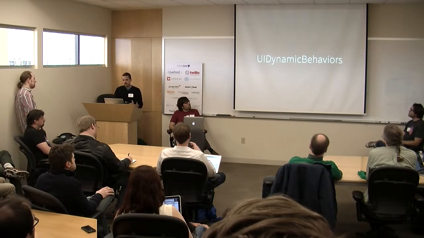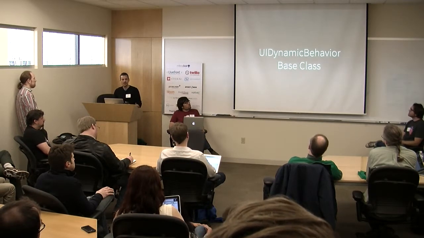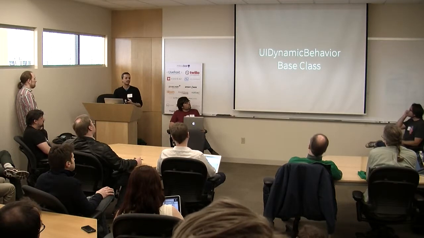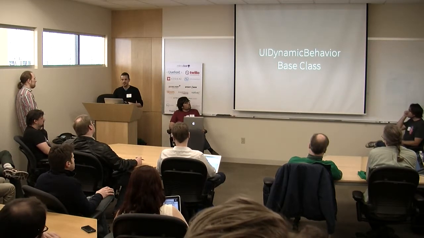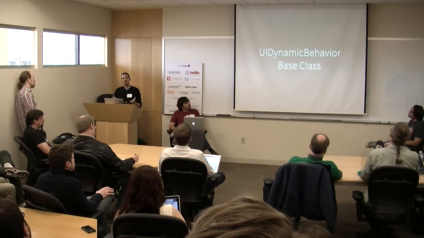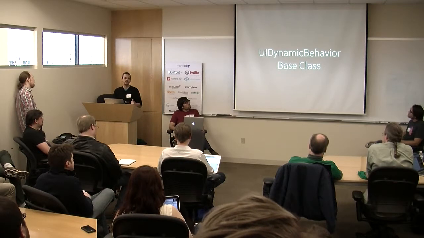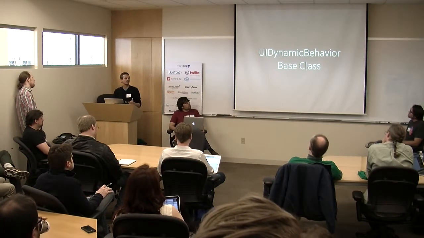So let's talk a little bit about the different behaviors you have available to you. We talked about gravity and collisions. Those are based on a base class called UIDynamicBehavior, and the behavior is generic. It doesn't really do much for you, but sometimes you might want to use it to add elasticity or maybe some friction to an object.